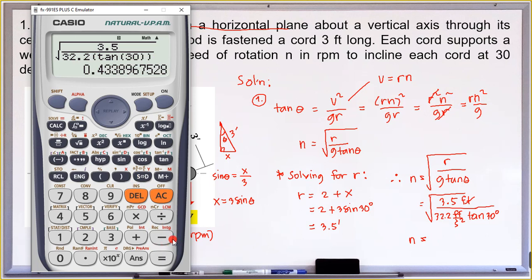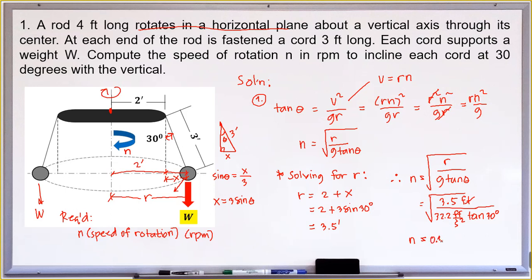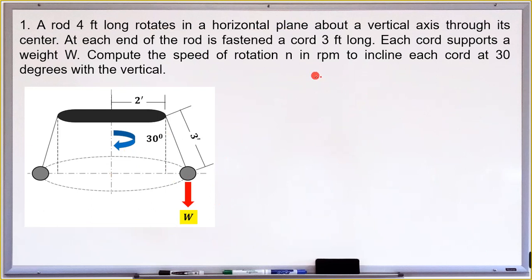The result is 0.43389, but this is still in radians per second. So let's convert this into RPM.